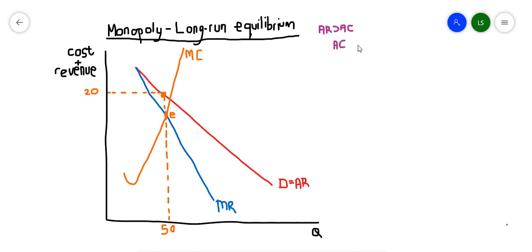Now remember, the placement of my average cost is going to indicate a profit or a loss. Okay, so when I'm adding my average cost now, I'm going to add it because I want it to be less than the average revenue. I have to add it below my average revenue curve. All right, because a graph that is below means it is less. Okay, so my average cost is going to be below the average revenue when I draw it.